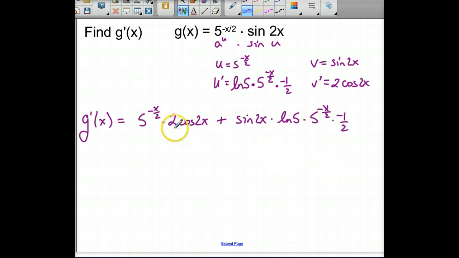Can we simplify anything? Well, not really. We can't multiply these two together because they have different exponents. We can't multiply a negative 1/2 into anything.